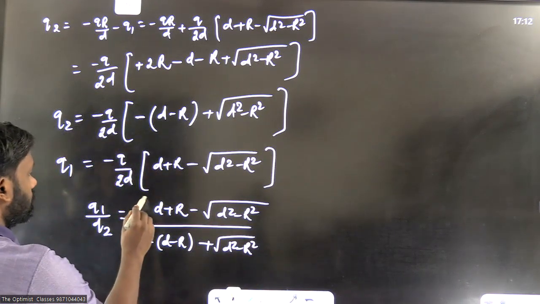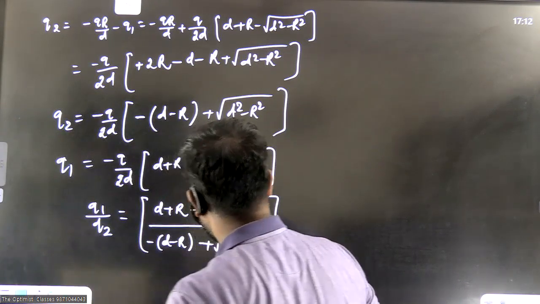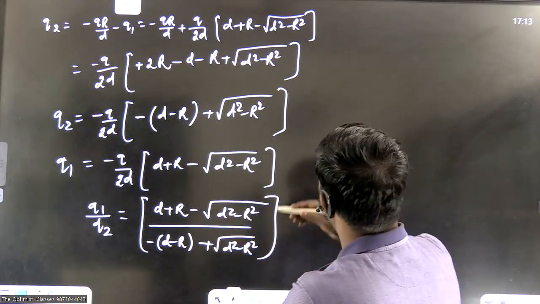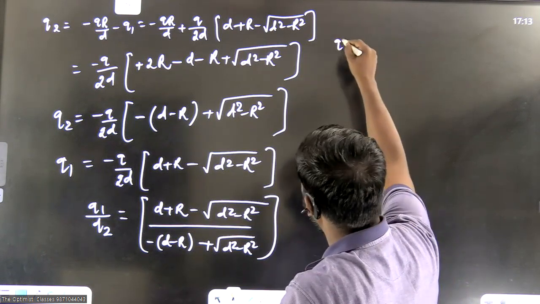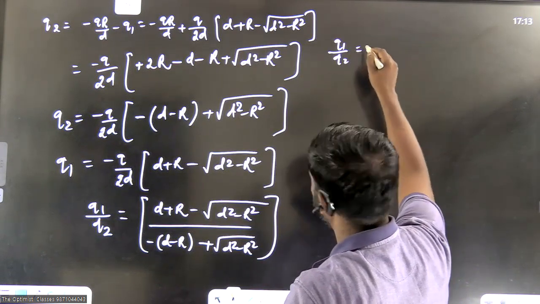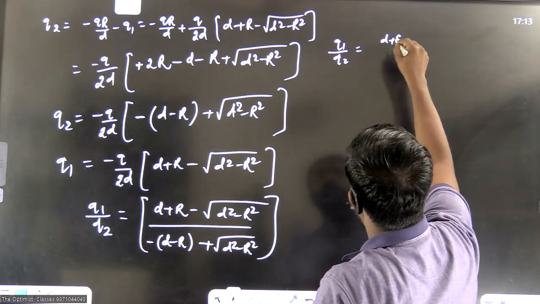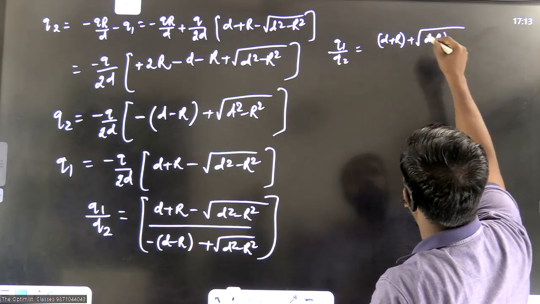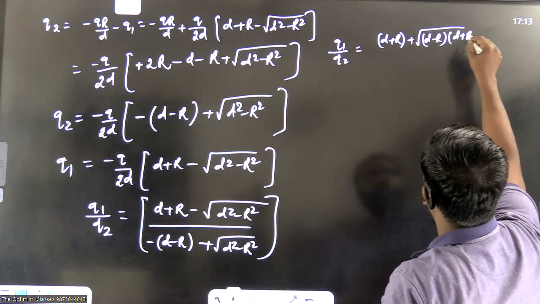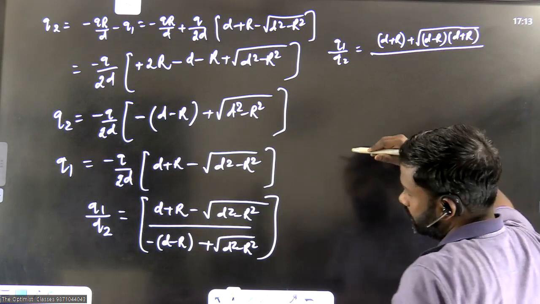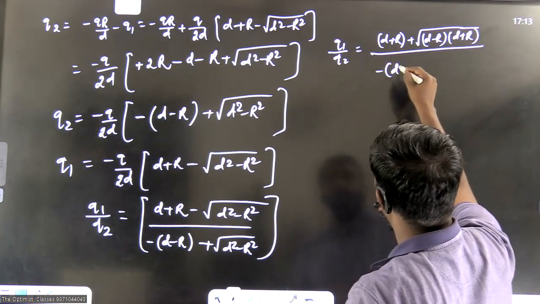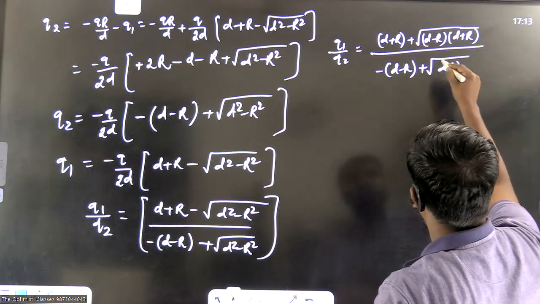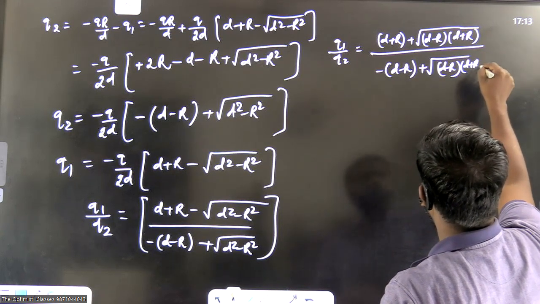Now you see here we can write this as D minus R and D plus R. So Q1 divided by Q2 is equal to D plus R over D minus R and D plus R, and here D minus R and plus root under D minus R and D plus R.